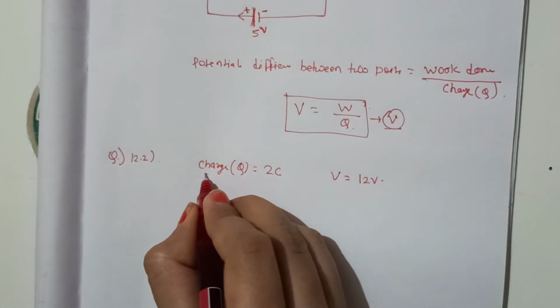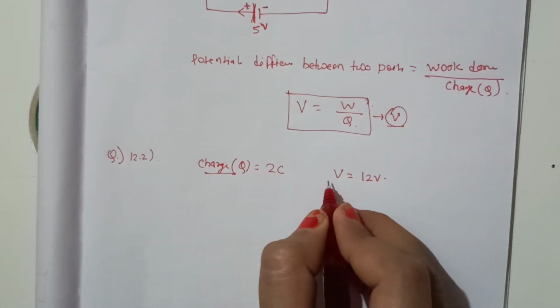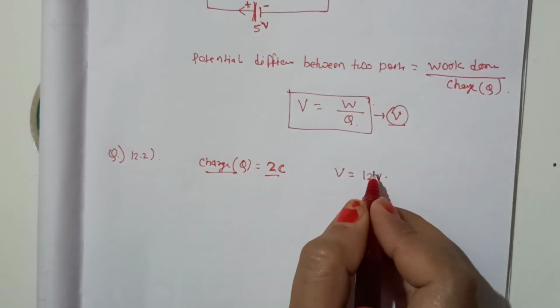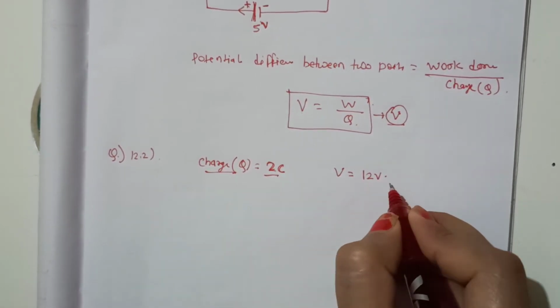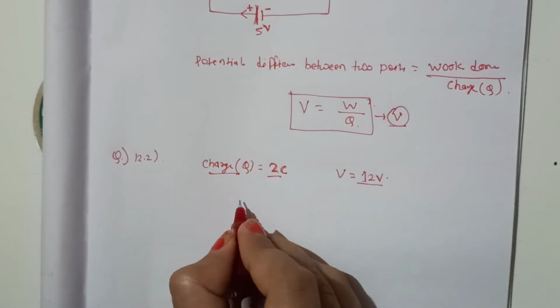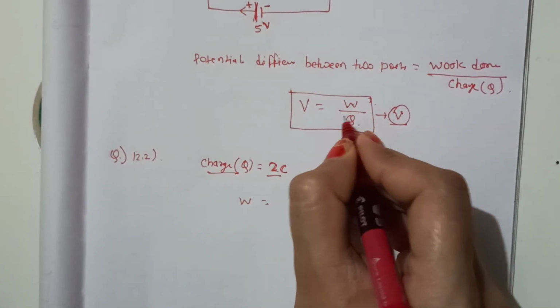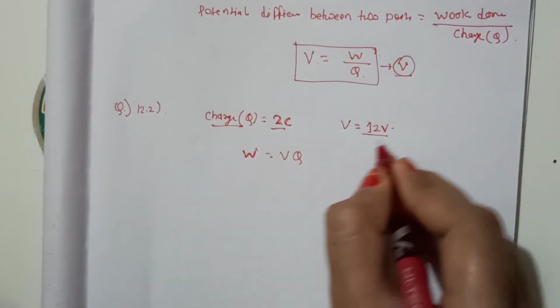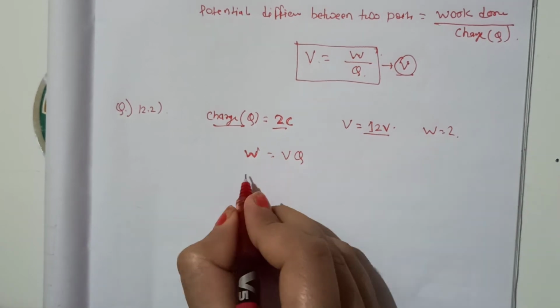It is asking how much work is done. We already know W is equal to V into Q, and it is asking for W only.